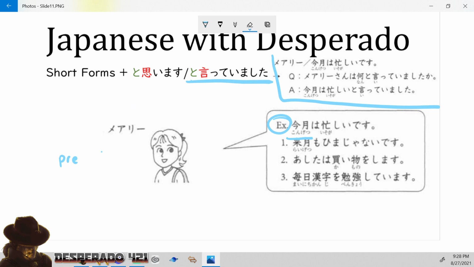Isogashii. So, kongetsu wa isogashii desu. Do you remember what isogashii means? It's not really familiar, but I can't quite. That's what you are right now, Ellie.